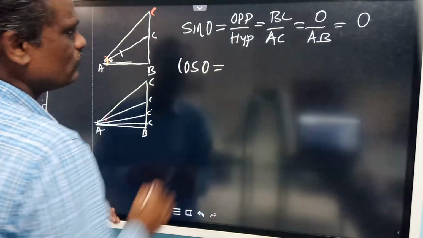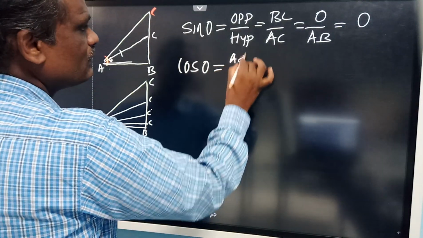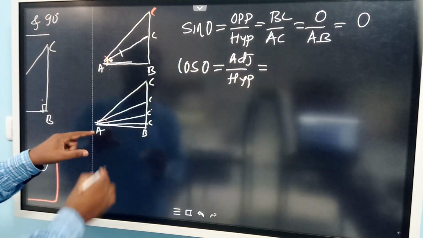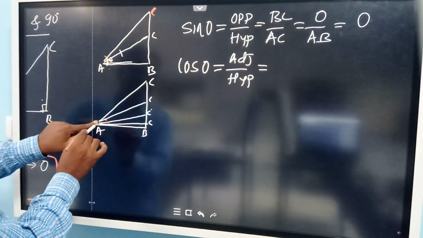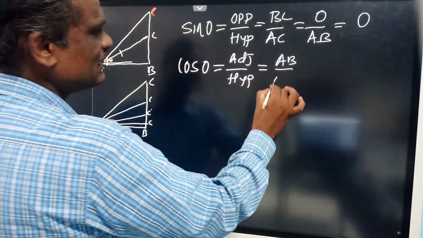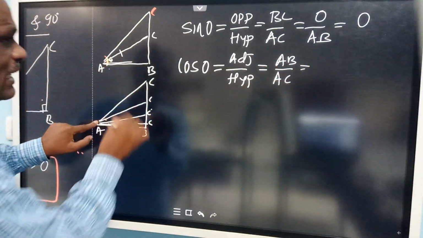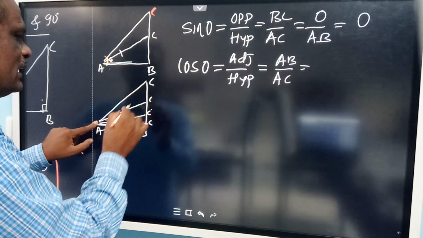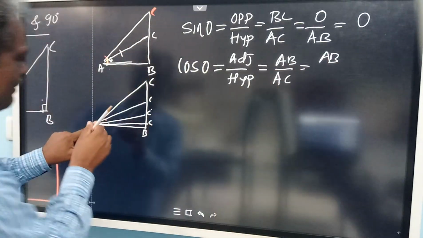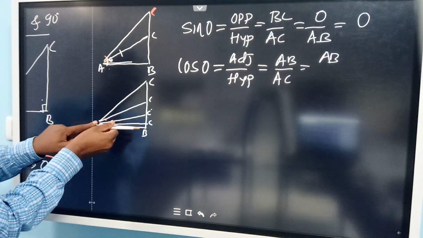Similarly, let us see cos 0. Adjacent side by hypotenuse. What is the adjacent side here, with this angle theta? Adjacent side here is AB. AB by hypotenuse, here AC. So what happens when it becomes 0? Nothing will happen to AB when you are bringing this angle closer to 0.